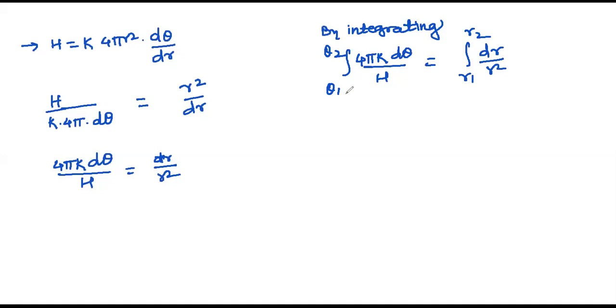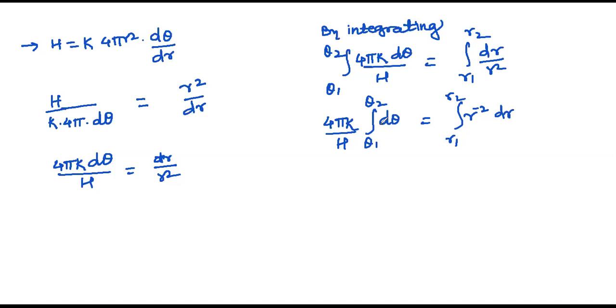If I find this integration, 4 pi K by H is constant. So 4 pi K by H, yes, integration of d theta from theta 1 to theta 2 is equal to, this is what? R power minus 2 dr, integration from R1 to R2.